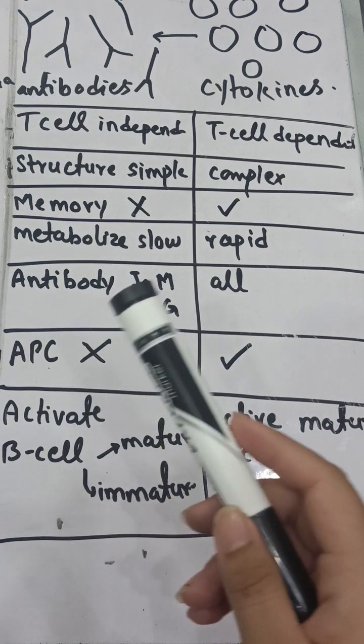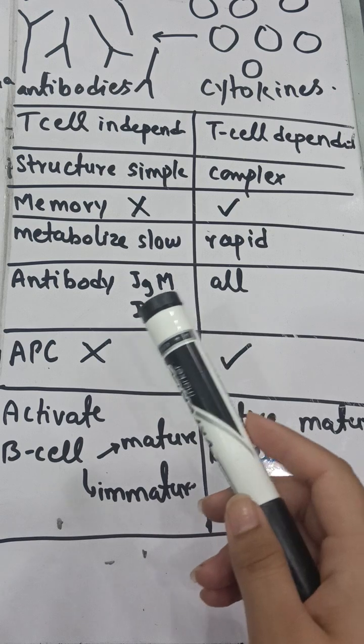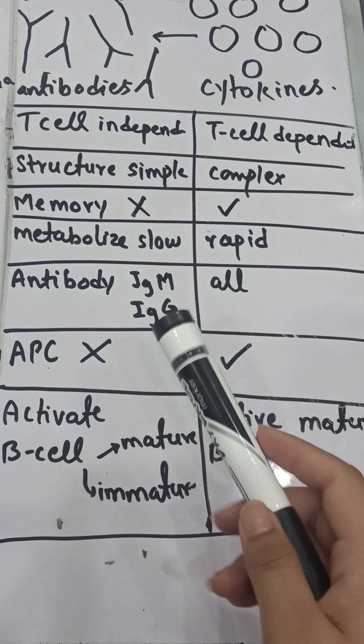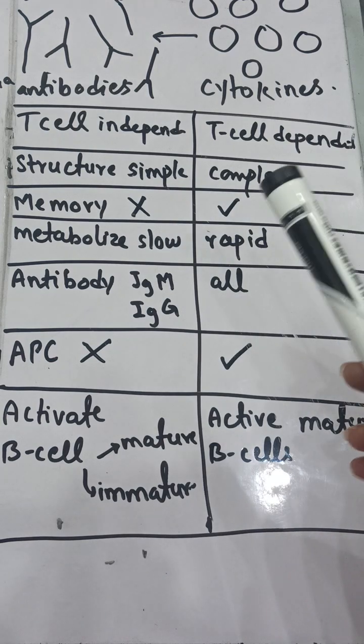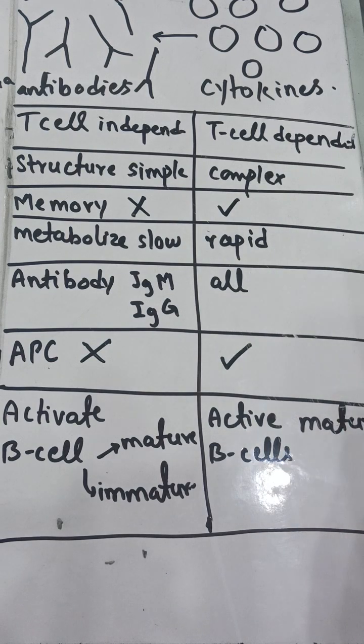Secondly, the dependent antigen majorly produces the antibodies IgM and IgG. These two antibodies are produced by these antigens. But in the case of independent antigens, all antibodies can be produced. Suppose I give an antigen which only IgE antibody can kill, then only IgE antibody is produced.